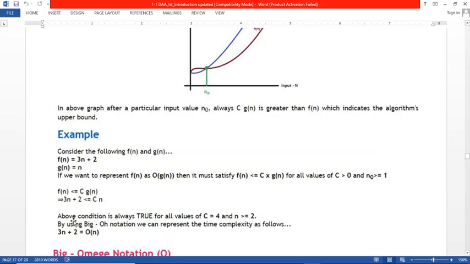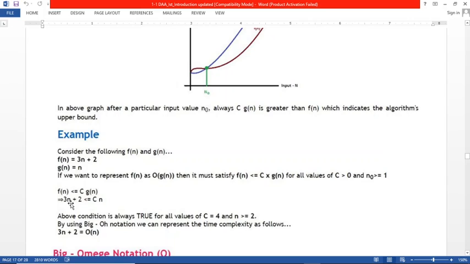The above condition is always true for c equal to 4 and n greater than or equal to 2. For example, if you take these values, c equal to 4 and n greater than or equal to 2.